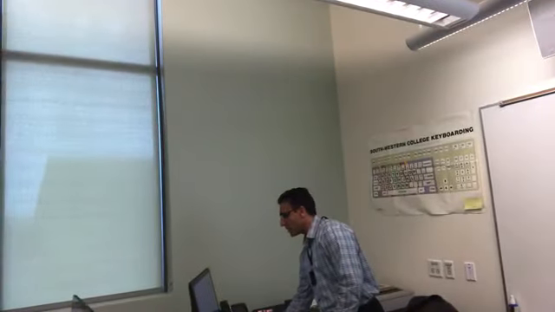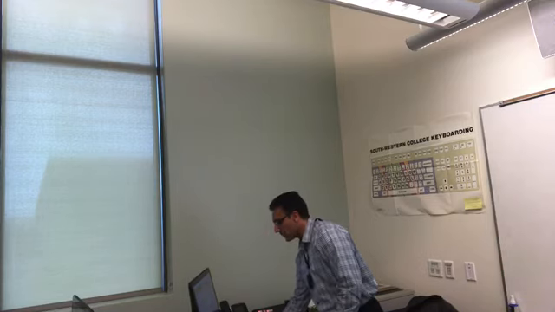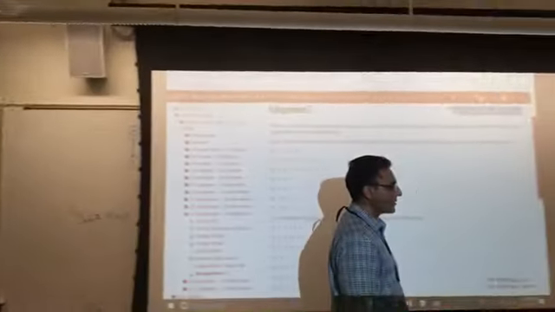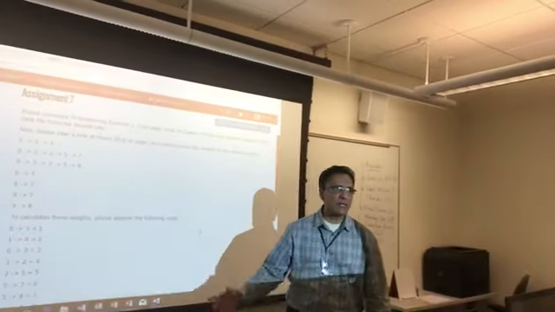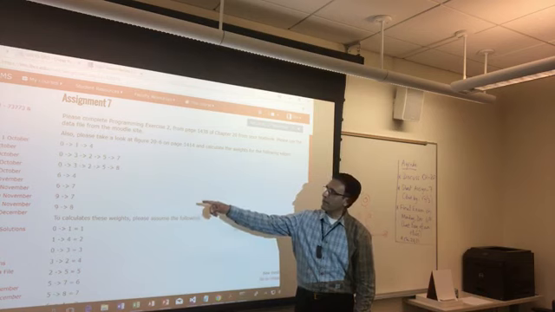So implement this into your code, as well as, if I go back here, in fact, I have a data file here. You can use this data file if you like. You can use any data file, but if you use this data file, I have the specific weights available.